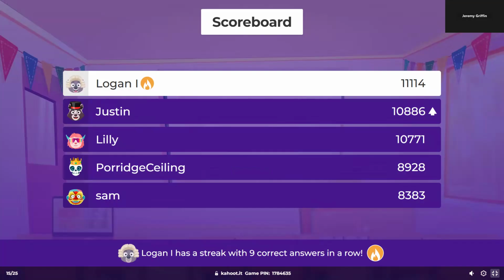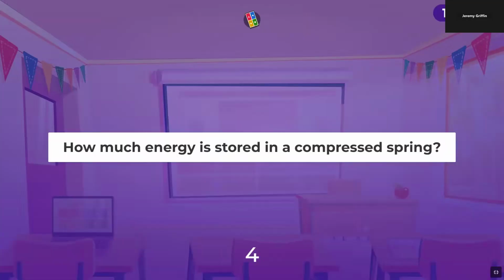Sam, Ford Ceiling, Lily, Justin, Logan. How much energy is stored in a compressed spring?